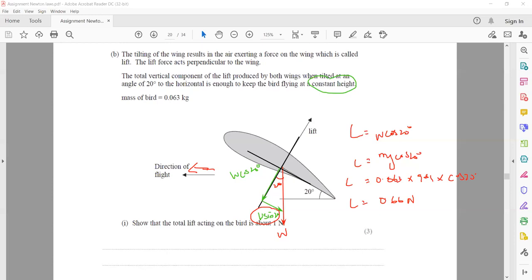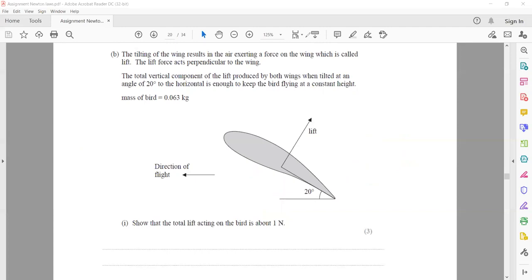So what we can take, because we need the resultant force, F is equal to ma. So the direction of the flight is this. So that matches with W sin theta. Sorry, this is the direction of the flight.